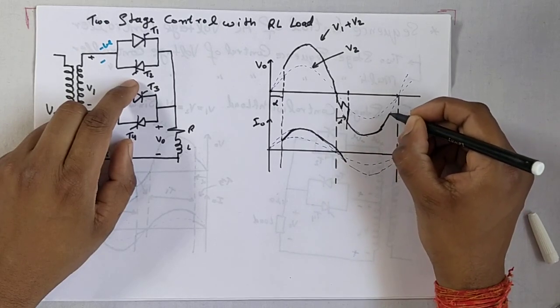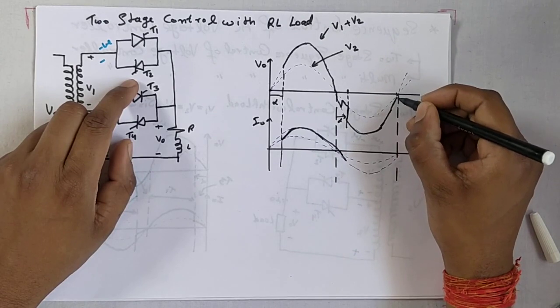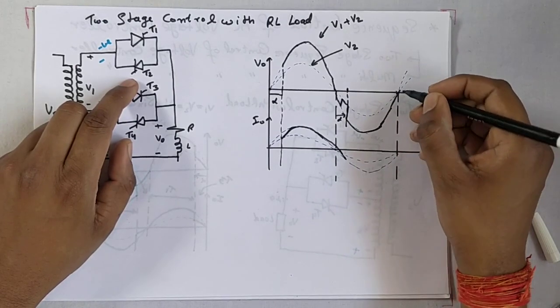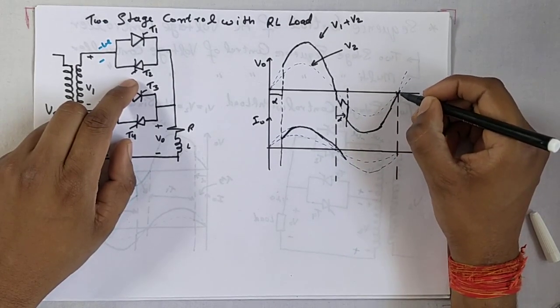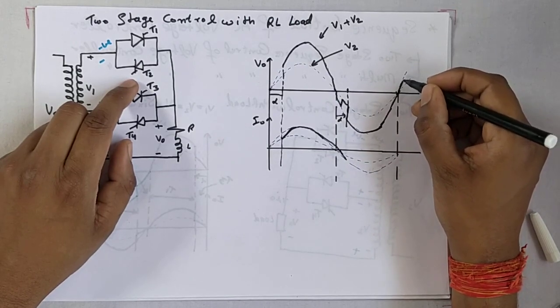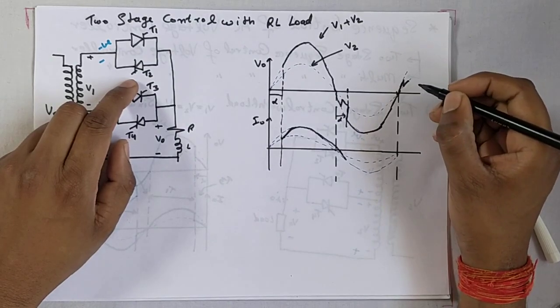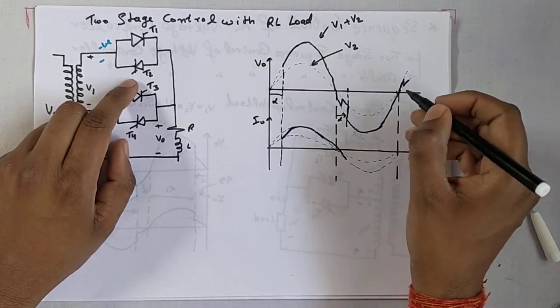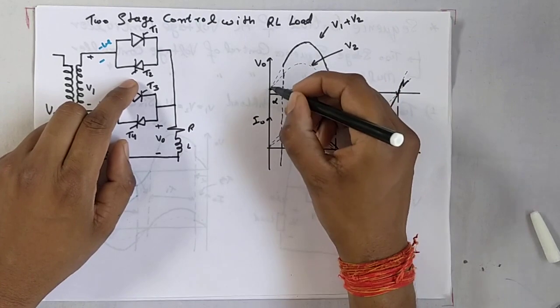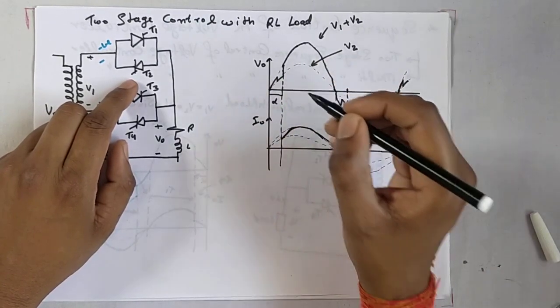So this voltage increases, goes like this, and again reaches 0 when the energy stored in the inductor is 0. So this one is the same, drawn from here to here.